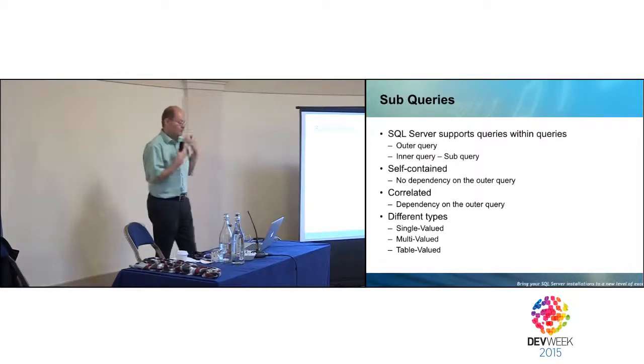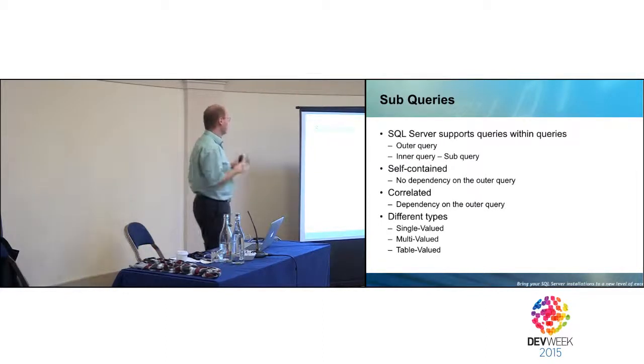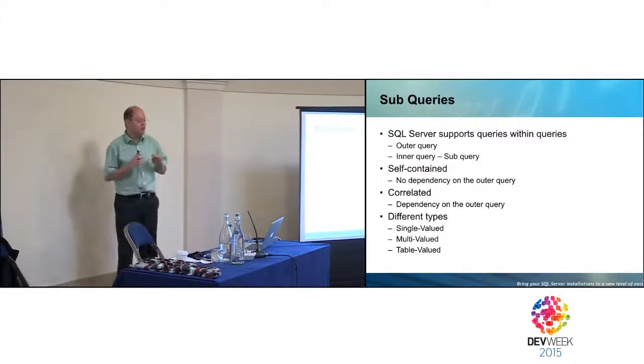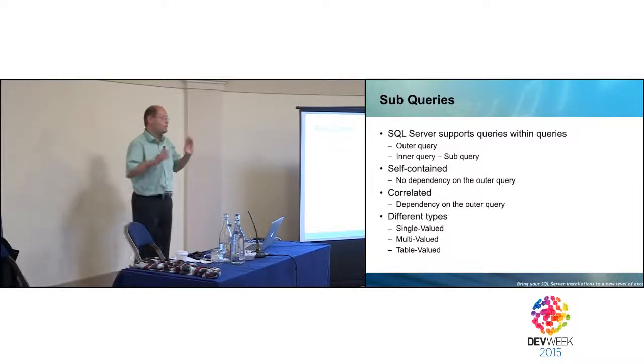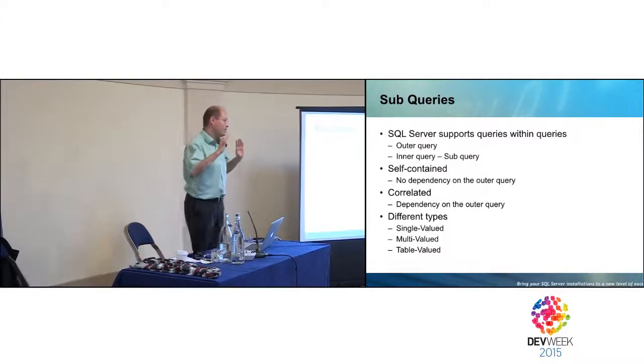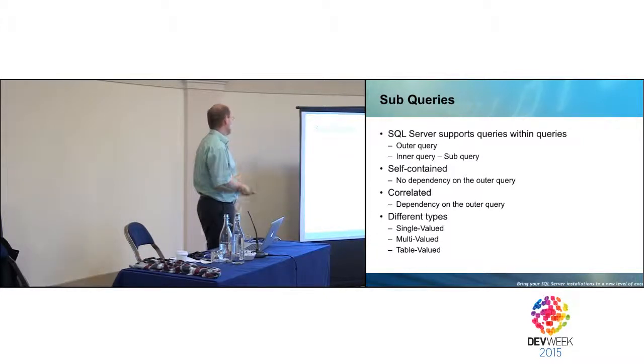When we talk about subqueries in SQL Server, we have different kinds of subqueries. We have a so-called self-contained subquery, which is just a separate subquery which can be executed independently, so very, very easy to understand, very easy to debug. On the other hand, we have so-called correlated subqueries, means the inner query has a dependency on the outer query.